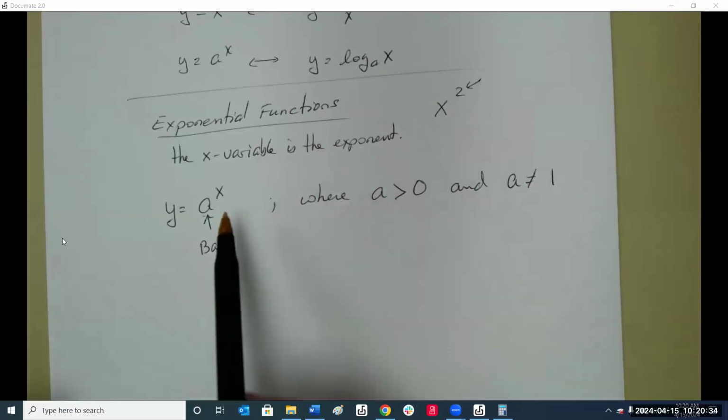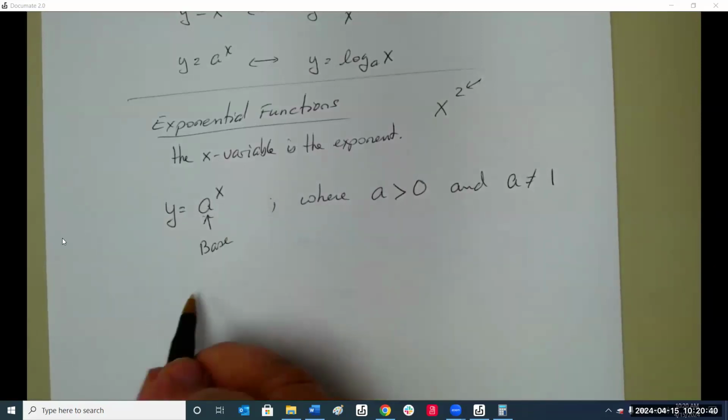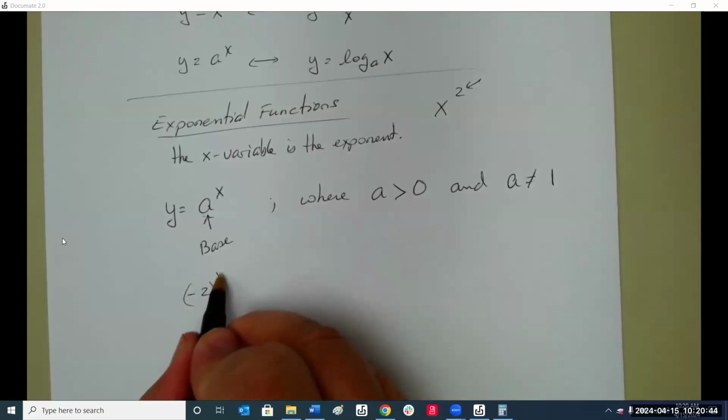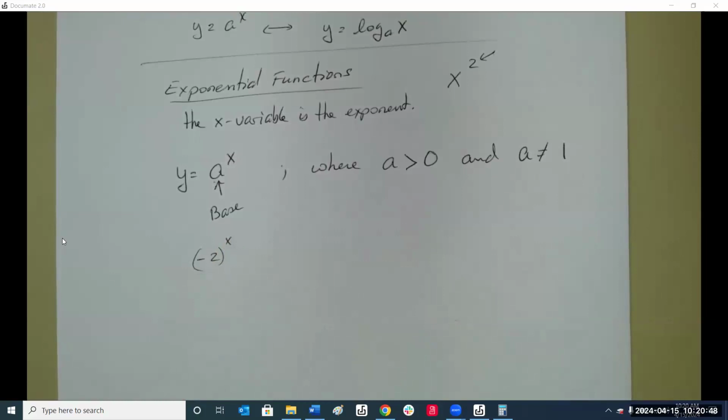Now, the reason the base can't be negative is because think of what happens if a was -2 to the power x. What would happen when x changes from 1 to 2 to 3 to 4?